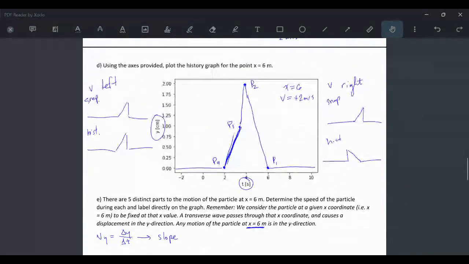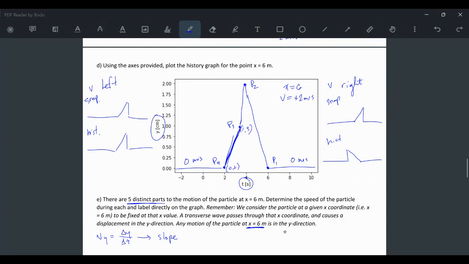So I think we're set. These ones are really easy. There's 5 that we're told to find, 5 slopes. This is 0 meters per second. This is 0 meters per second. This is 0.2.